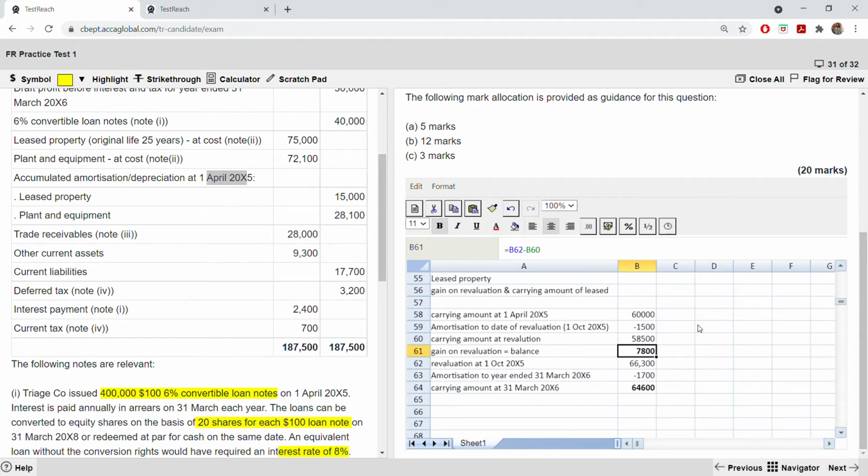Now the revaluation gain, what is the revaluation gain? 7,800, this 7,800,000. This 7.8 million, some of it will go to the revaluation surplus, and some of it will be credited to the deferred tax. How much of it will go? What is the percentage?